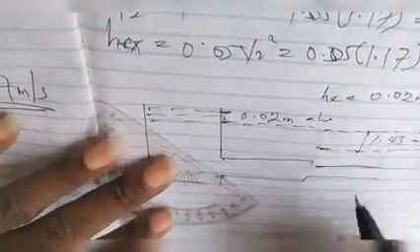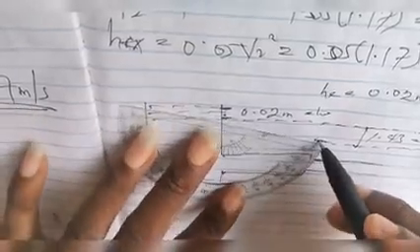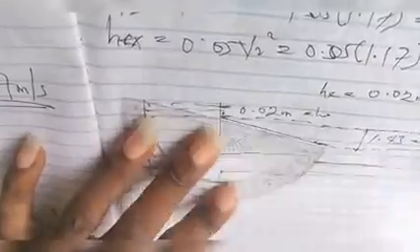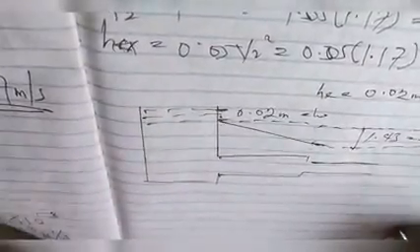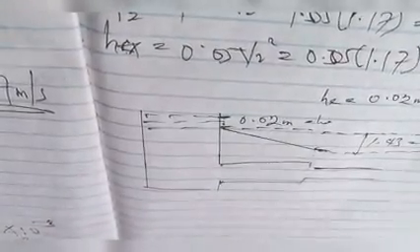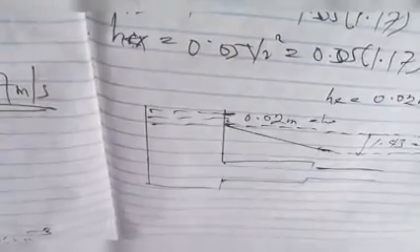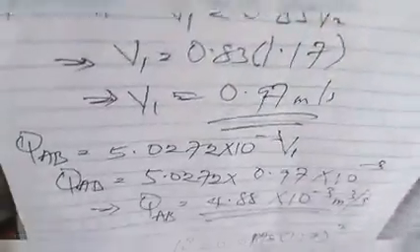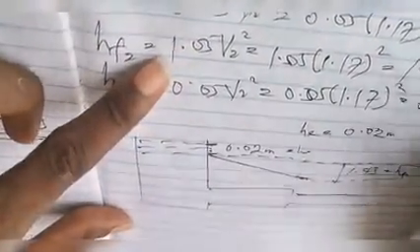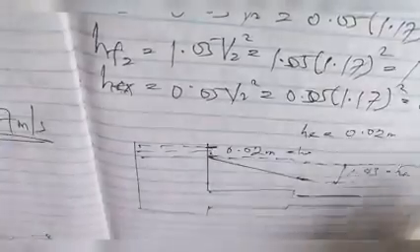Now join these 2 points, 1.43 and the head loss due to entrance, together. You have something like this. Now from this point, the next thing to consider is head loss due to sudden contraction, and we obtained the value earlier here. The value was given as 0.07 in meters.